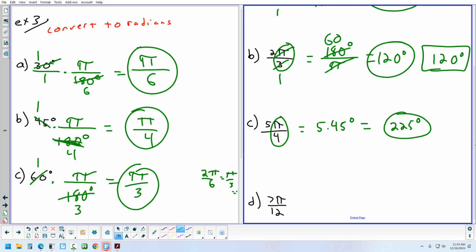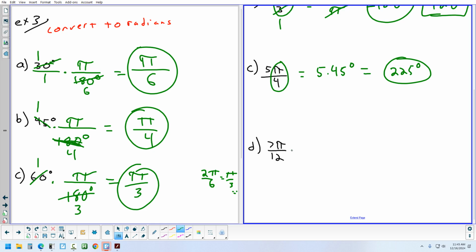D, we don't really have one that would easily help us with that. 7 pi over 12. What number goes into both 12 and 180? 6. Yeah, we could do 6. 6 goes into 12 how many times? 2. And how many times does 6 go into 180? 30.